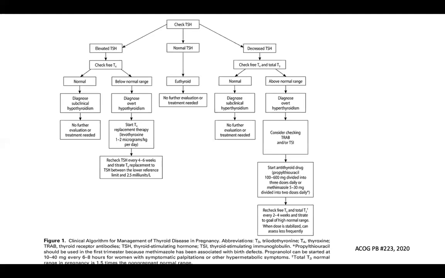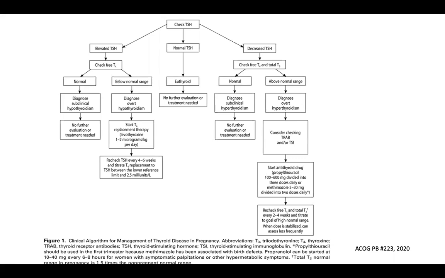So this is a very complicated slide. It actually comes directly from the ACOG practice bulletin. And, you know, if you suspect thyroid disease, you can check your TSH. If it's elevated, then you check your free T4.